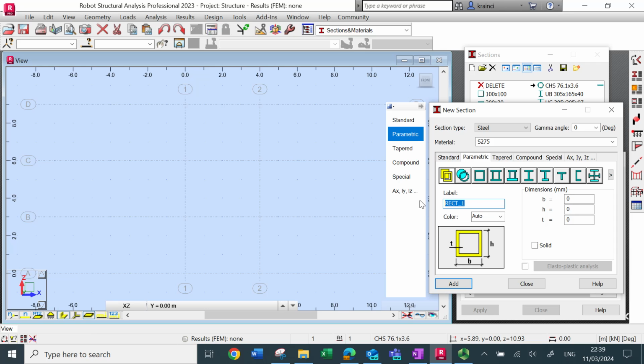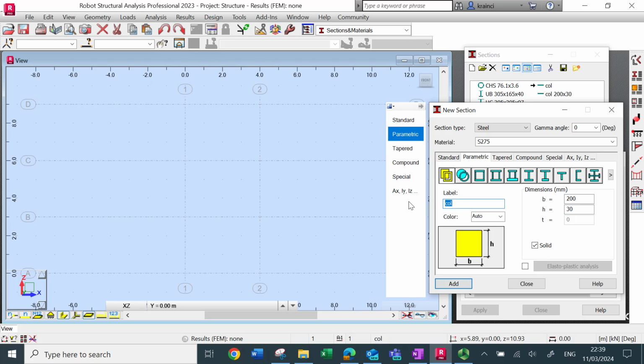So I will call this first one column. And the column width is, this is in millimeters, so it's 200, and the height is 30, and it's solid. And add.